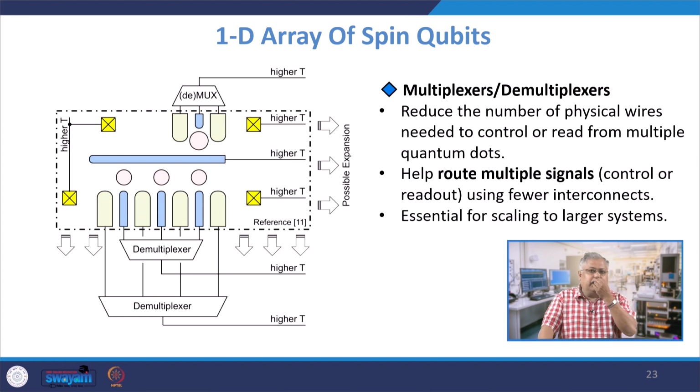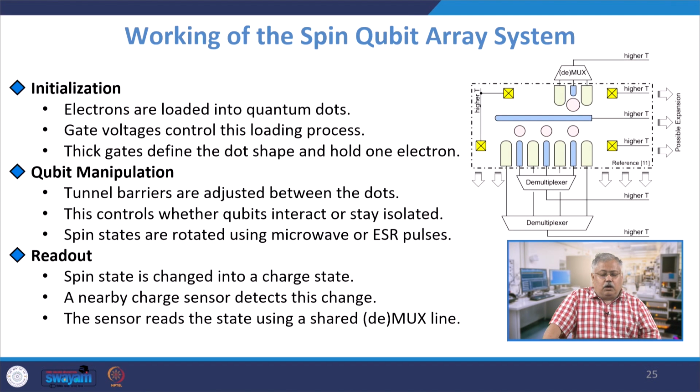They help route multiple signals across fewer interconnects, which means that with fewer interconnects you will have less EMI, and electromagnetic interference will be bare minimum. Whenever you scale up qubits, you will automatically have a much larger requirement of interconnects, and the requirement of mux and demux becomes very large.